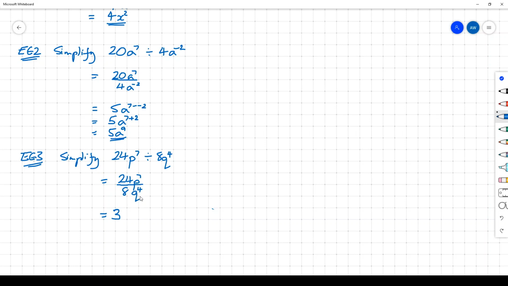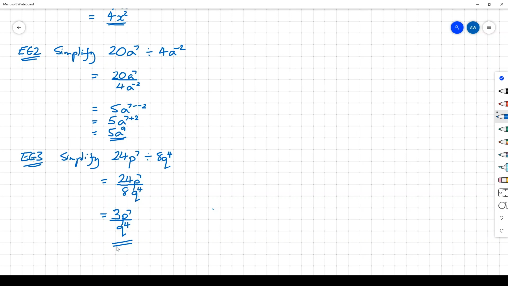So I can't use my division law because the bases are different. So there's nothing I can do with them. So literally, on the top stays p to the power 7, and all over the bottom stays q to the power 4. And there is my answer.